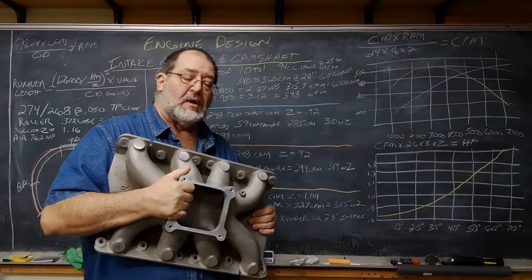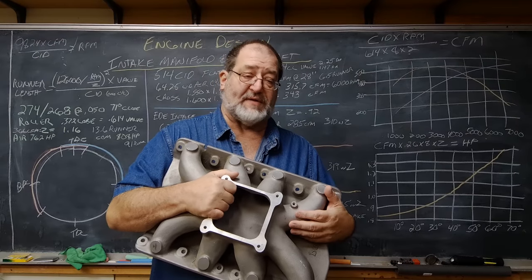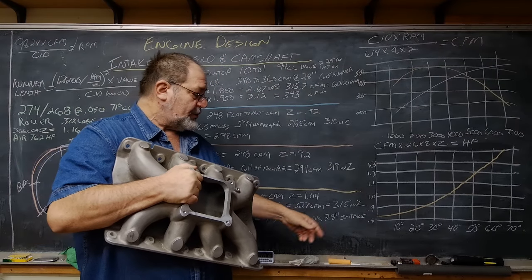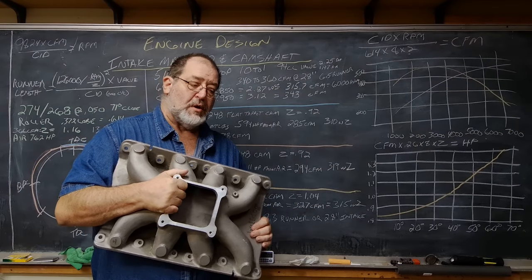Now remember, I told you taper will affect the intake manifold. It'll affect the runner length. It makes it appear shorter. So if you look at this intake, which I know it's going to be hard for you guys to see, this has got a lot of taper and volume back here, but not in the last 2.8 inches.